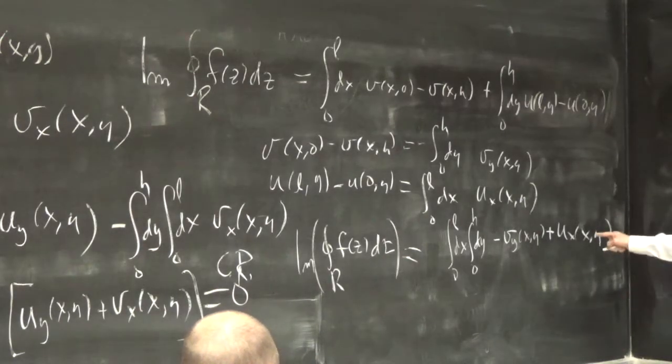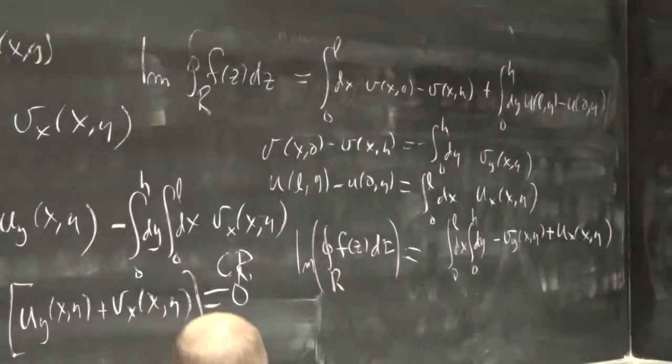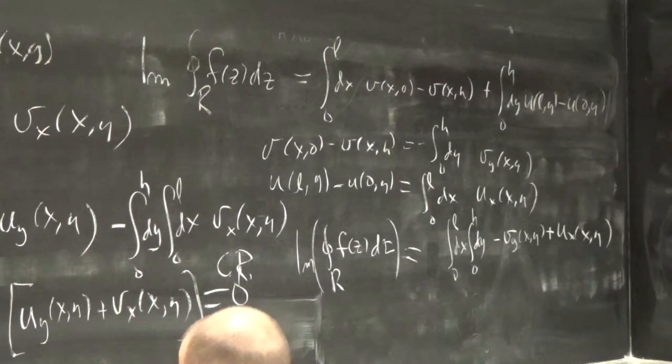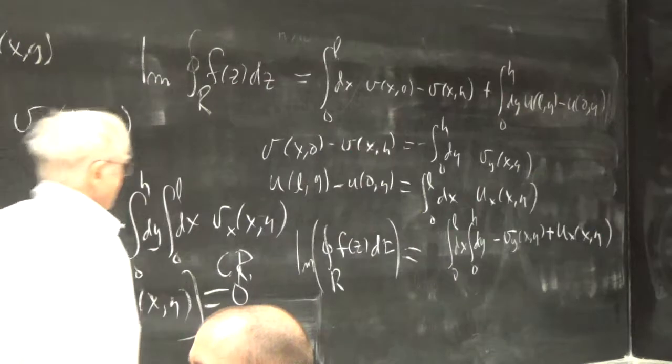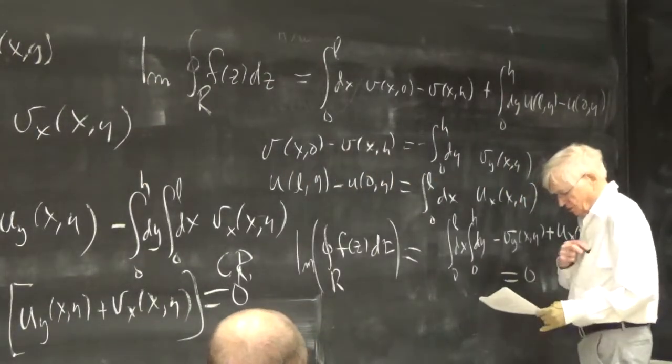And now u sub x and v sub y, if we go back to the Cauchy-Riemann conditions, u sub x equals v sub y, so their difference vanishes. And so this is just equal to 0.